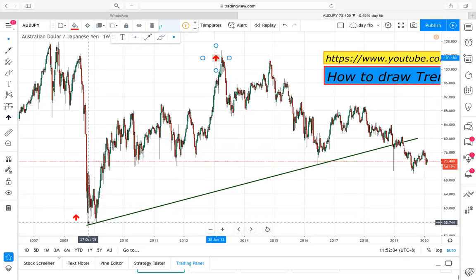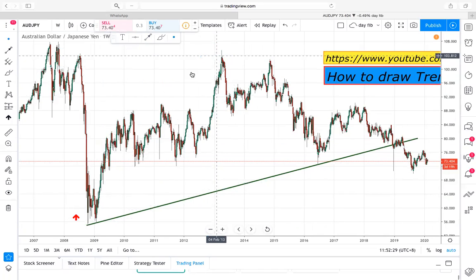I'm buying here, and I'm selling my position somewhere here. This one buy and one sell, this contractual position, will then be squared off, and the difference is my profit. So I'm buying low at 56 and selling high at 103. It's quite straightforward. That's for buying, or going long on a contract.